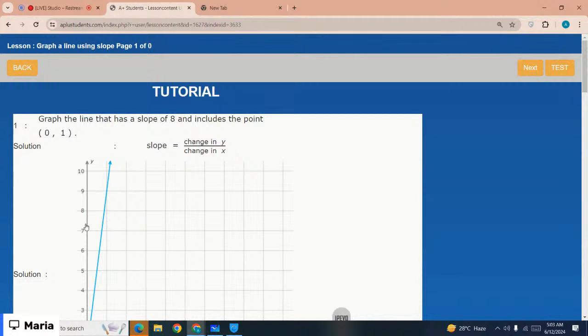Graph the line that has a slope of 8 and includes the point 0, 1.